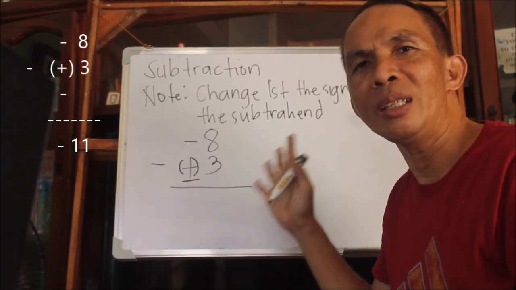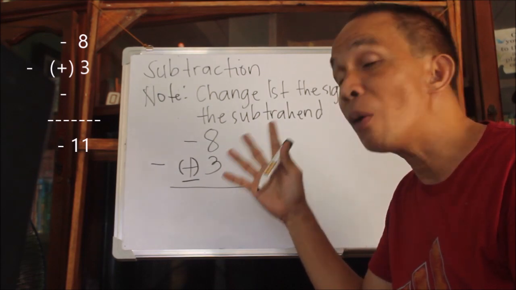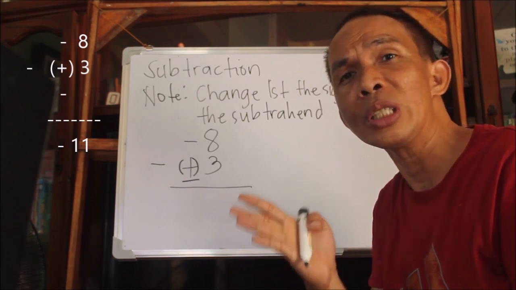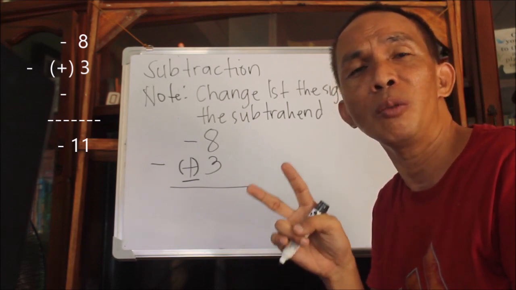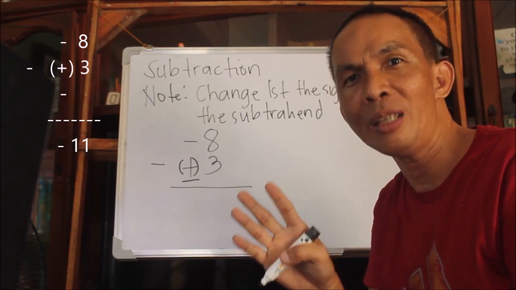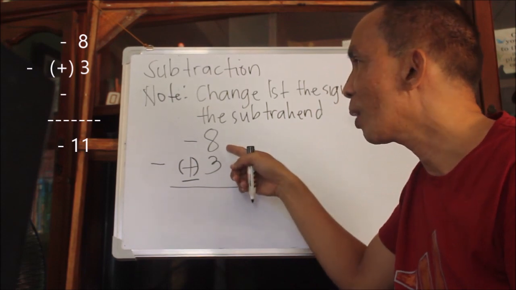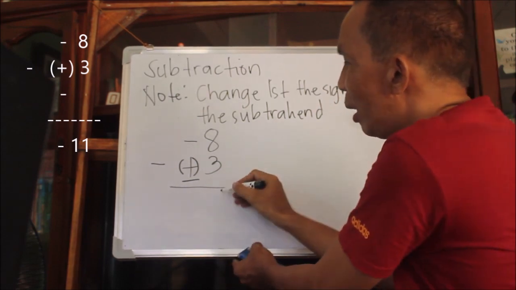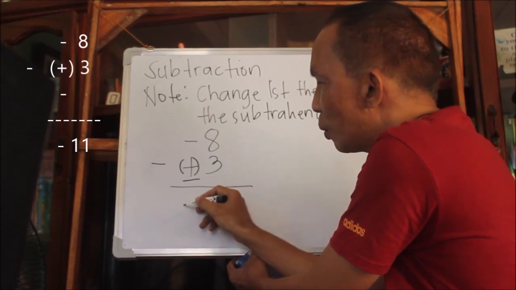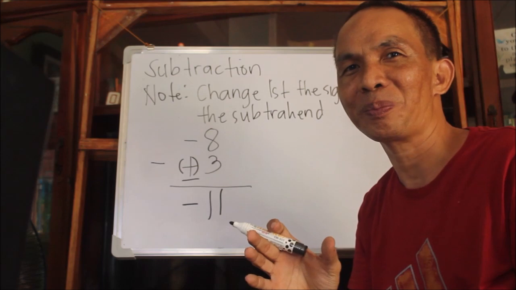Since in this case, the numbers are now carrying the same sign, which is negative, by the rules in addition, if the numbers to be added are carrying the same sign, we're going to add, then prefix or copy the sign. So we have 8 plus 3, that is 11. Then the sign is the same, negative, so we're going to use the negative sign.